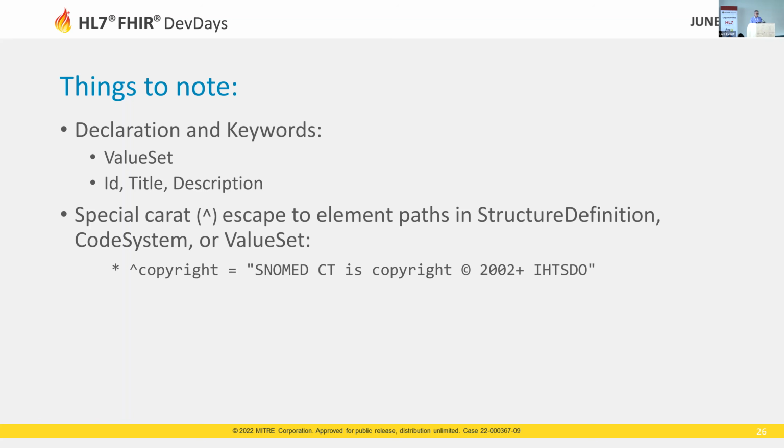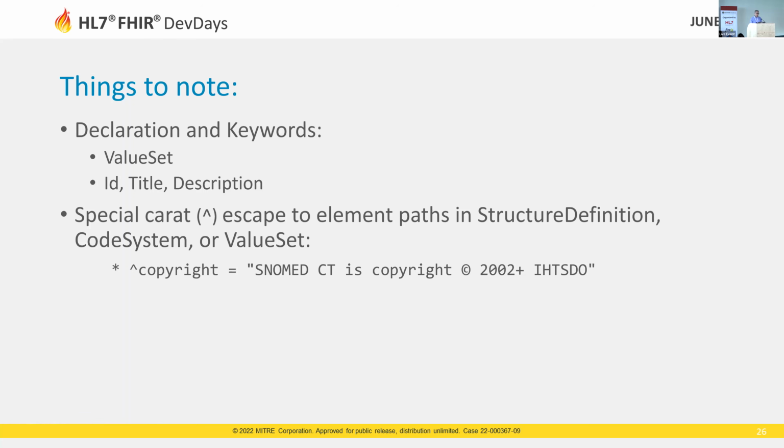And then that funny thing with the copyright, this is actually a very powerful feature. It allows you to set values in the actual structure definition which is going to be generated. So there are some things, like the copyright, which are part of the value set metadata, if you will.